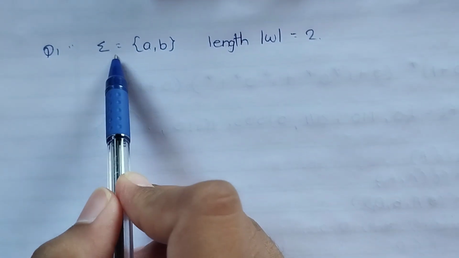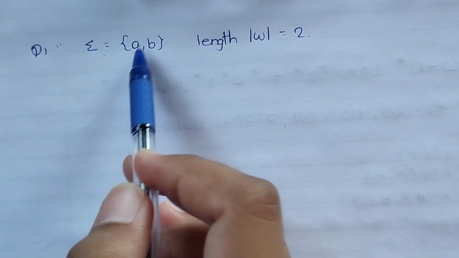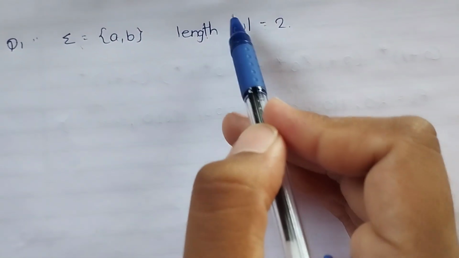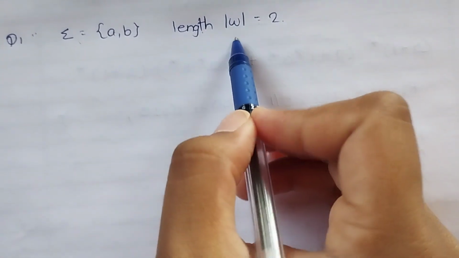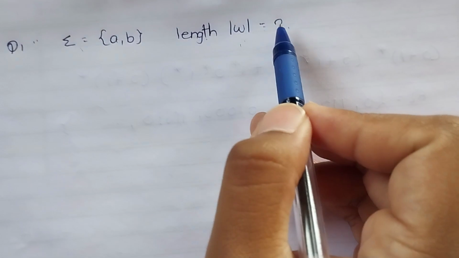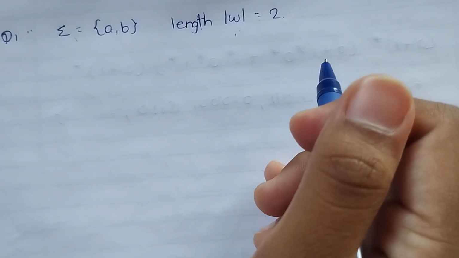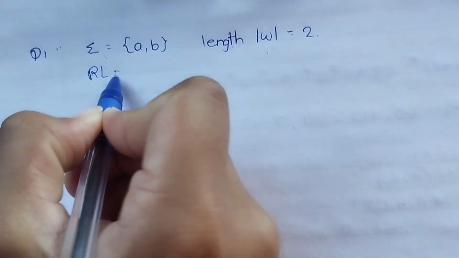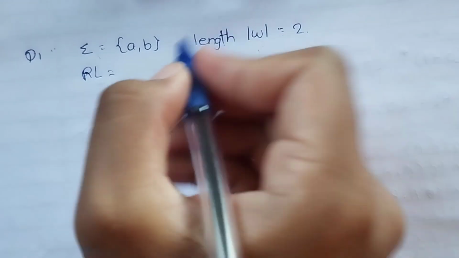In this example, the string contains a and b. The length of this string w, denoted by |w|, is exactly equal to 2. So first we write the regular language for this statement.